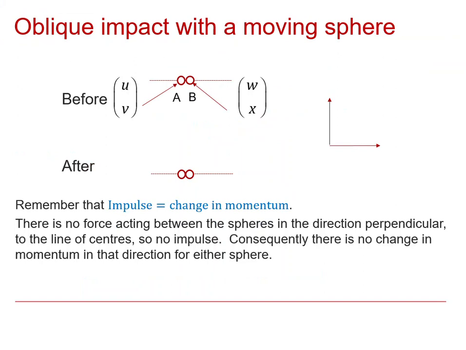The v and the x, to just put it succinctly, will be carried over to the position afterwards. The v and the x will be unchanged. So there's no change in momentum for either of them, and that's the consequence. There'll also be conservation of momentum for the component along the line of centres, but that's more complicated.